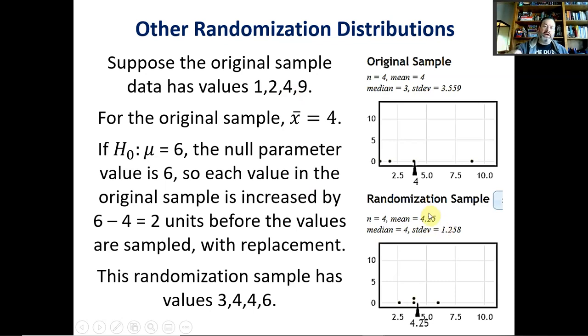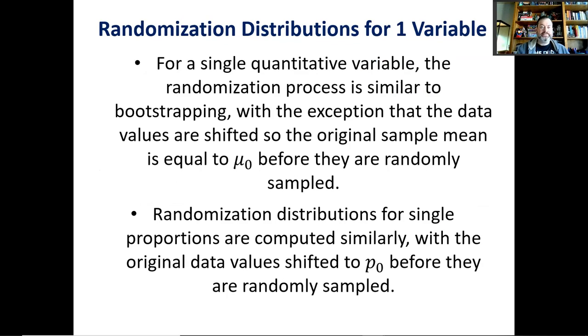You would plot that on a dot plot, and you would repeat. So with one quantitative variable, randomization and bootstrapping are essentially the same process, except with randomization, you just scoot a little bit to the right or left, depending on the relationship between the sample statistic and the null parameter value. So that one's actually not too bad.